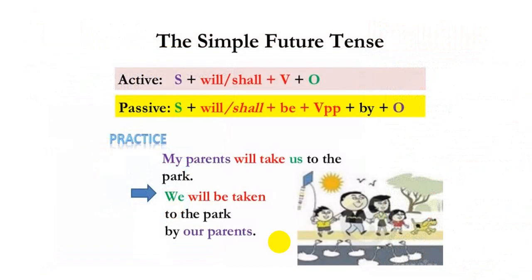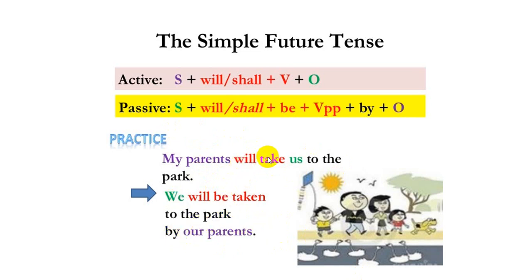Next is lesson 8D, the passive voice of the simple future tense. You can see the example: My parents will take us to the park. And in the passive voice: We will be taken to the park by our parents.